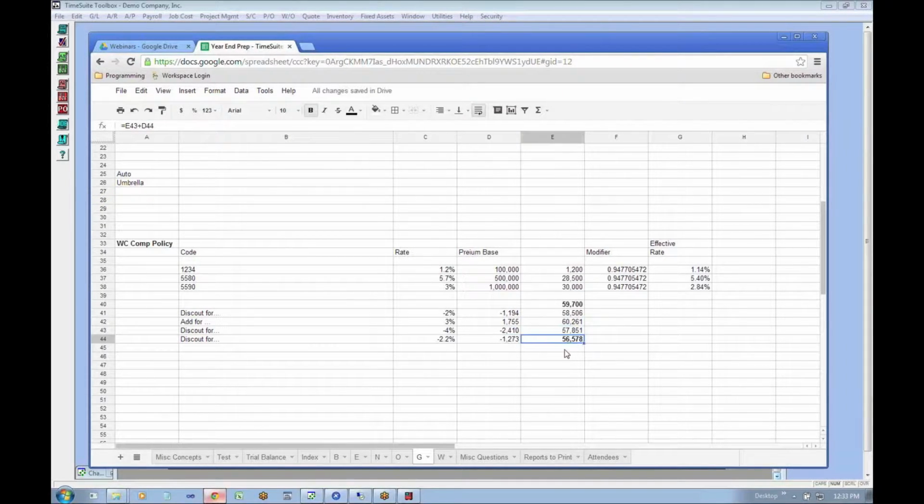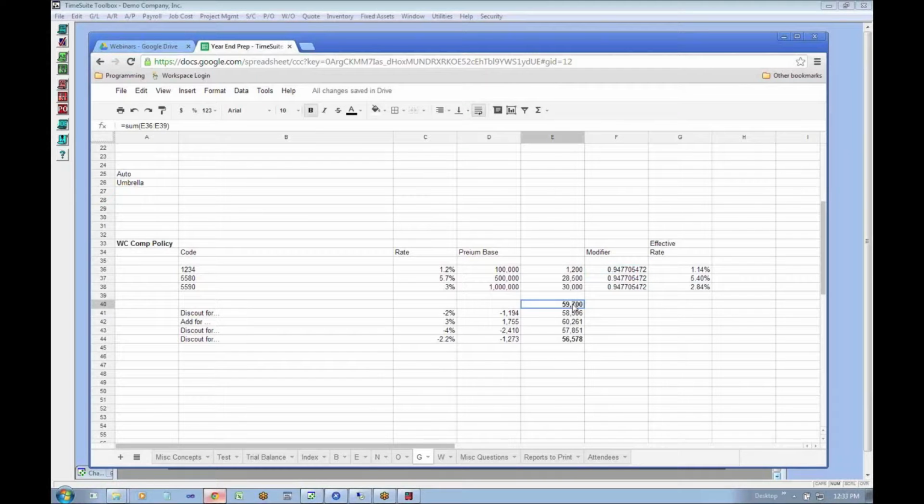Now there's a shortcut to this in that what you do is you take, there's a formula here. What we did was we took E44 divided by E40.